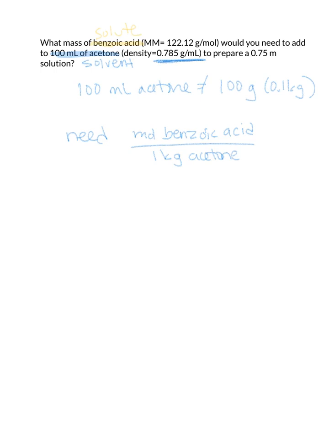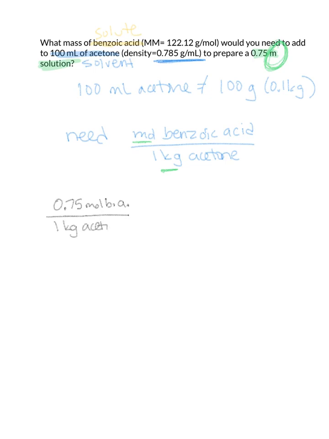And what do I see? I also see an extra little helpful descriptor that'll get me further, 0.75 molal solution. So I see that little m, and the alarm bells start going off because little m means moles per kilogram. So I'm going to actually start my problem with that. I'll start with the fact that I need 0.75 moles of benzoic acid per 1 kilogram of acetone.